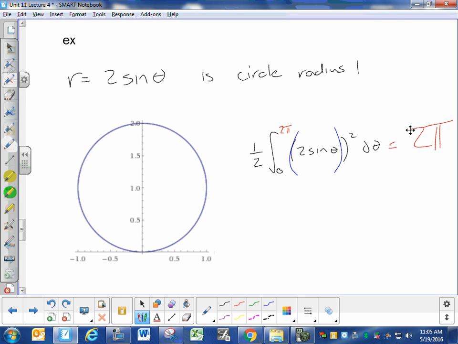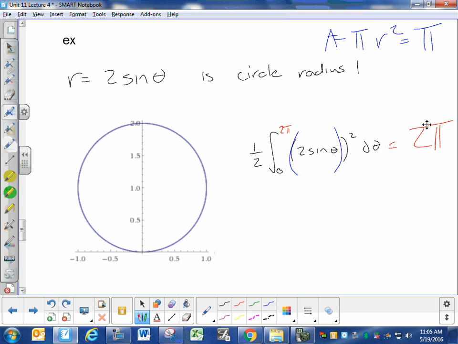Is that correct? What's the area of a circle with a radius of 1? Pi. I said that the area was 2 pi.